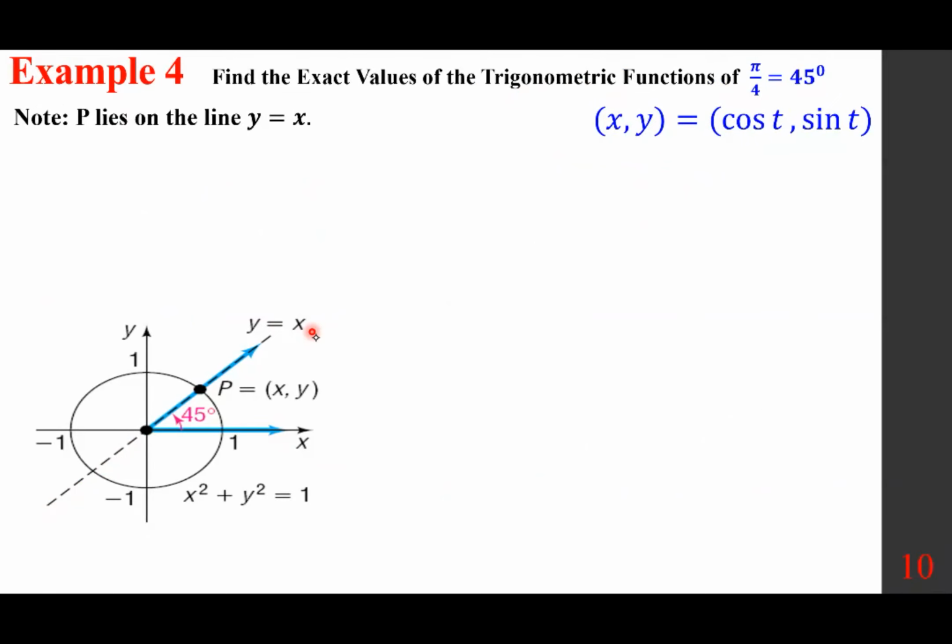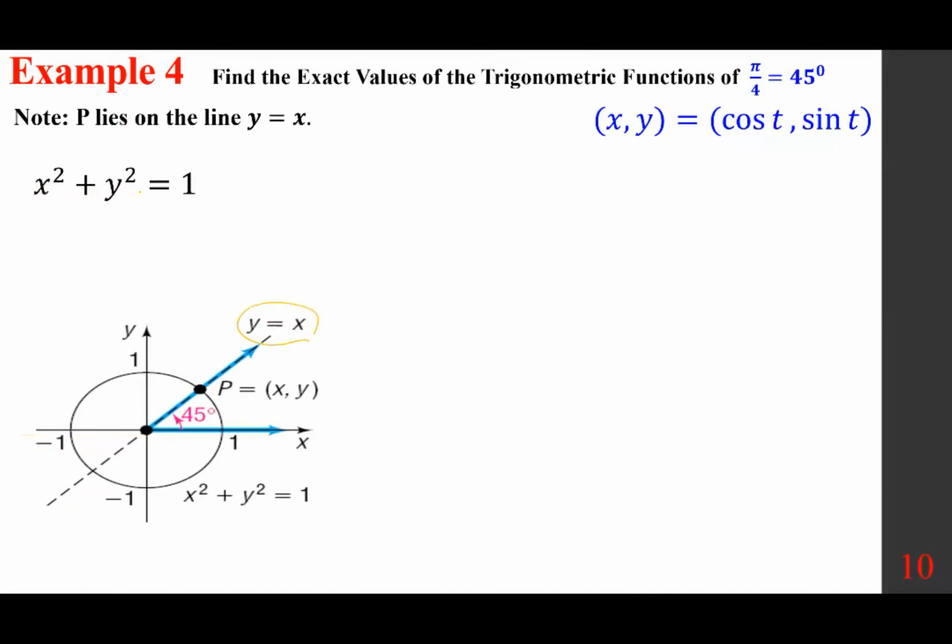The line y equals x is between the x and y axis, and it goes through the origin. So we have the formula for the unit circle, x squared plus y squared equals 1. Because the point is on the line y equals x, we can replace the y with x and say x squared plus x squared.